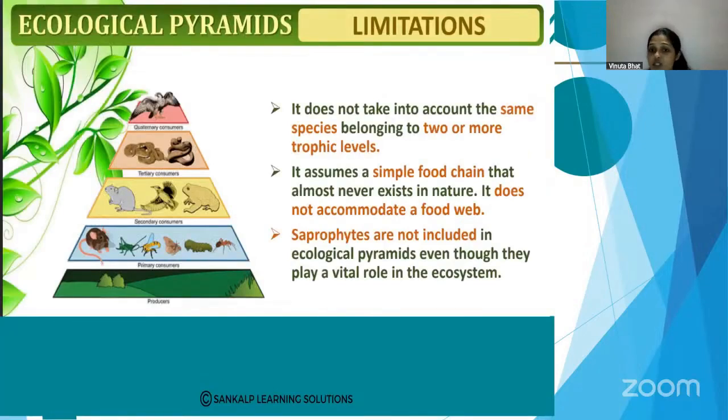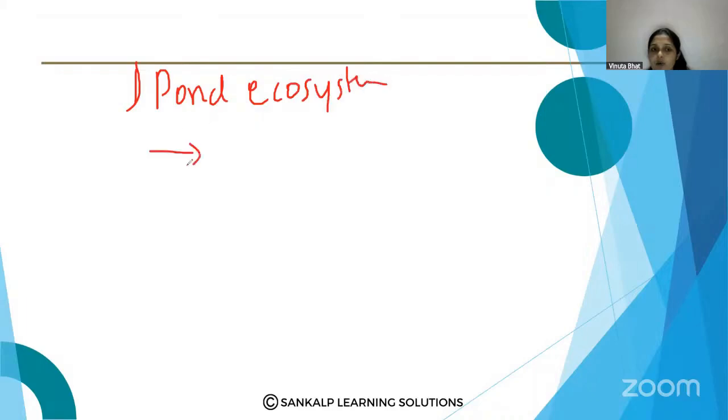This is the last topic in this chapter. So dear students, in this chapter first we studied about the pond ecosystem and the types of ecosystem. Then what are the components of the ecosystem?